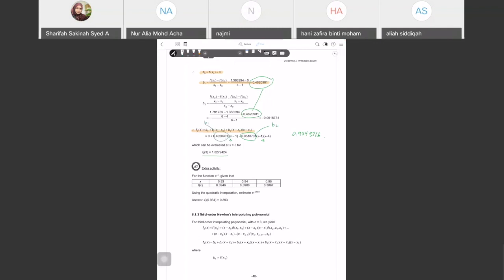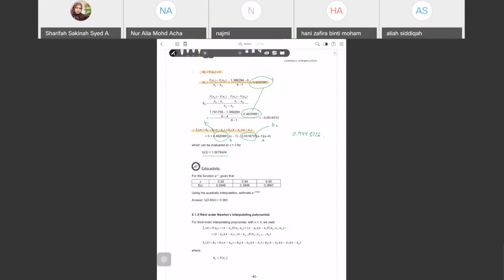Another tip for this kind of question: make sure your calculation is correct. Because if you do something wrong in your b1 and then apply the same value in your b2, the overall equation must be wrong. So make sure you calculate very carefully.